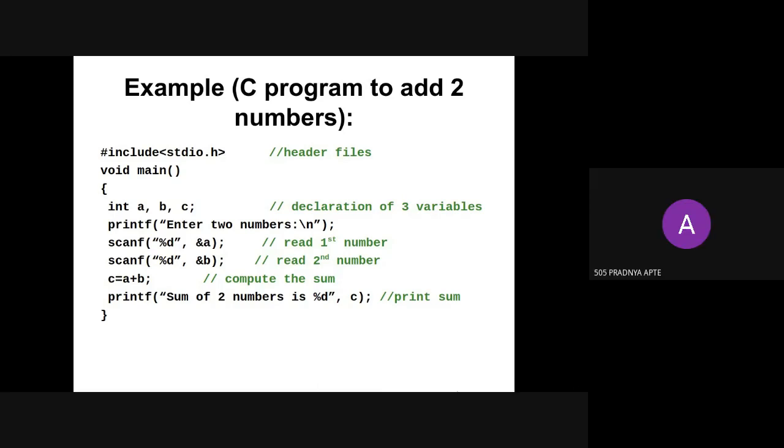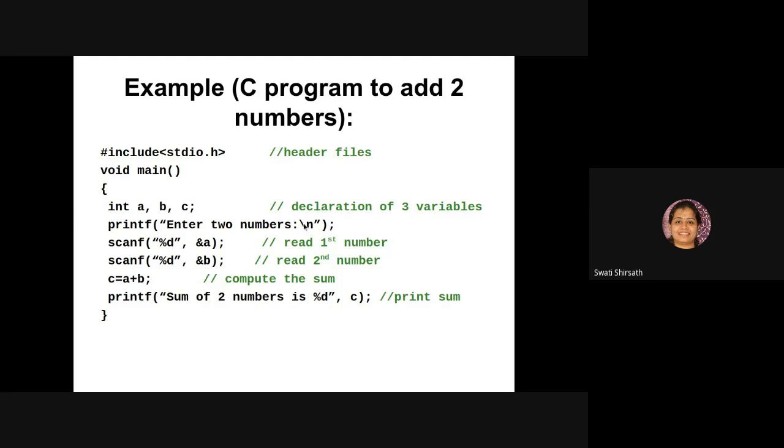Ma'am, in the first printf statement, what does \n indicate? \n means the cursor has to move to the next line. If we do not write it, the cursor will blink right there and you have to enter the value immediately after this colon. Suppose you have entered 10, then press the enter key, then you have to enter the second number, suppose 20.